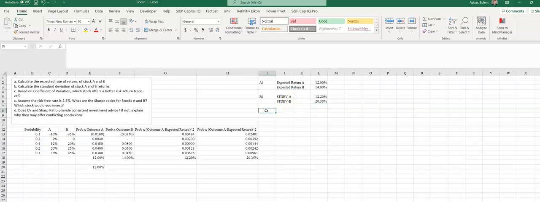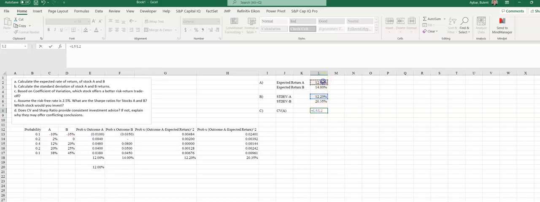In part C, we are going to calculate the coefficient of variation for each asset. So coefficient of variation of asset A is going to be equal to the standard deviation of asset A divided by expected return of asset A. As you can see, it is slightly about 1.